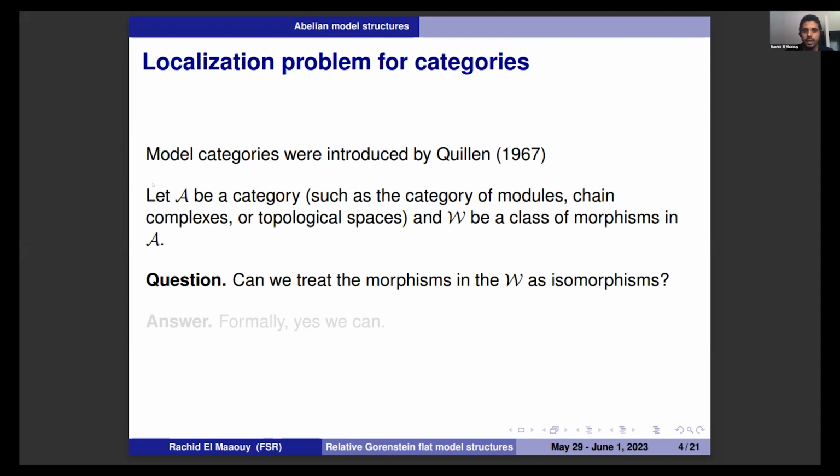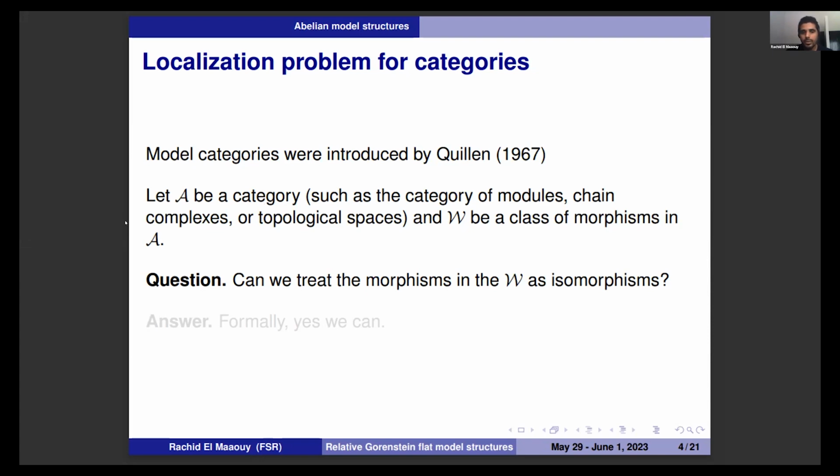Let us fix a category A. For example, you can think of the category of modules over a ring, chain complexes, or the category of topological spaces. And let's fix a class W of morphisms in this category. So the localizing problem is to investigate if we can treat the morphisms in the class W as isomorphisms.